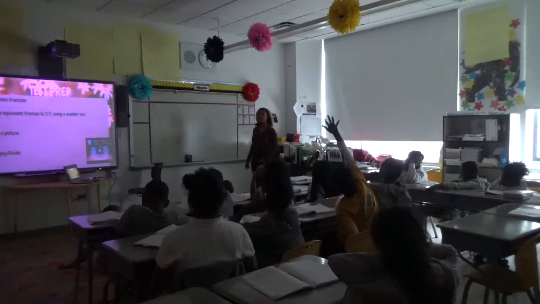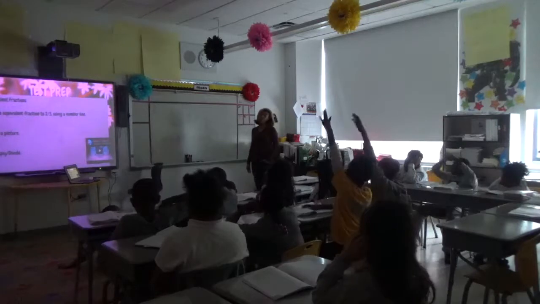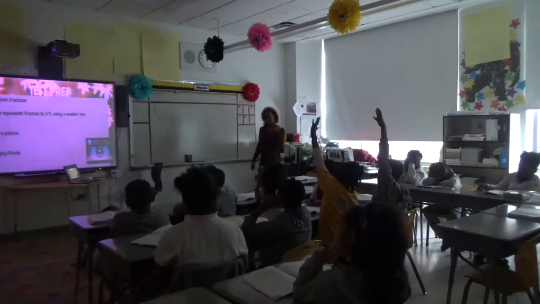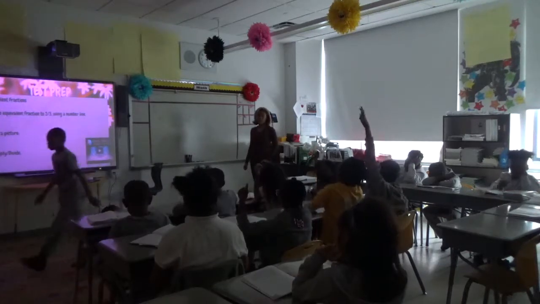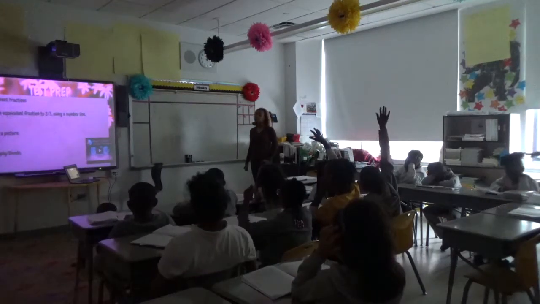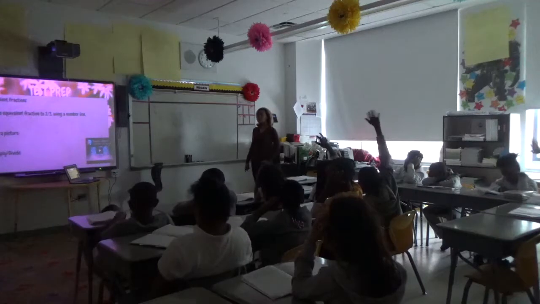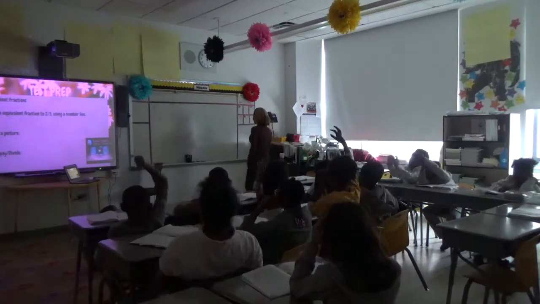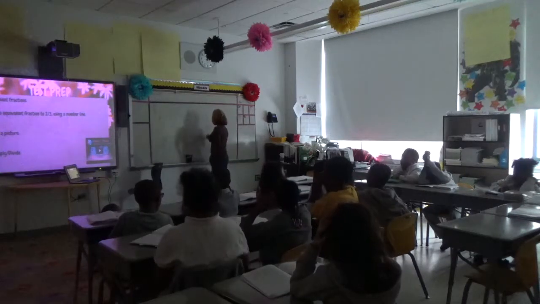If I said that the denominator is the same as the numerator, what is my fraction going to be? So confused over this half thing right now. 2 halves. Right?